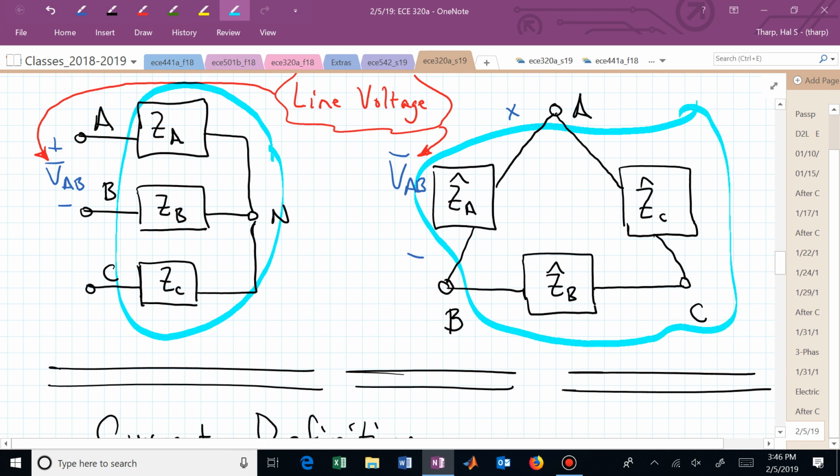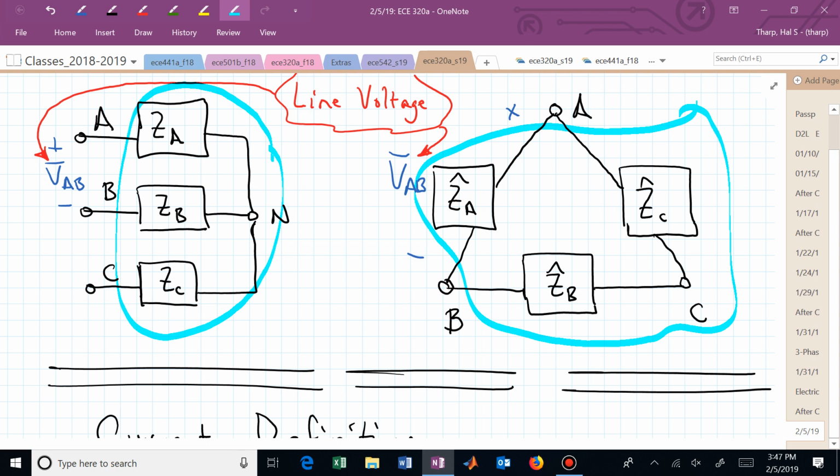But if all you see are these terminals, it's in a black box, and all you see is an A terminal, a B terminal, and a C terminal, and I say measure the line voltage, you can actually do that. In the other case, if I say measure the phase voltage, you're going to ask, well, what's the interconnection structure? Here, you don't need to know it. You could just say, oh, it's VAB in both cases.